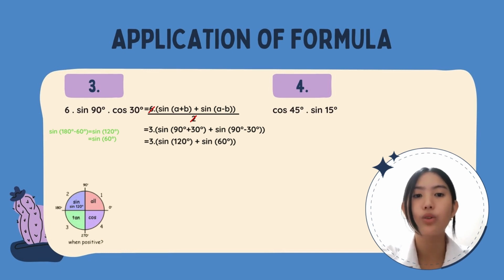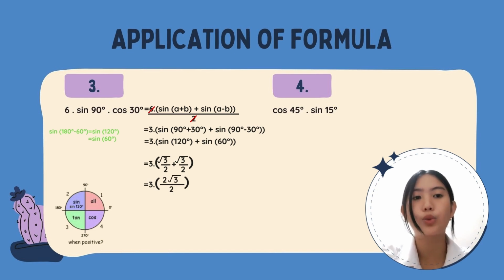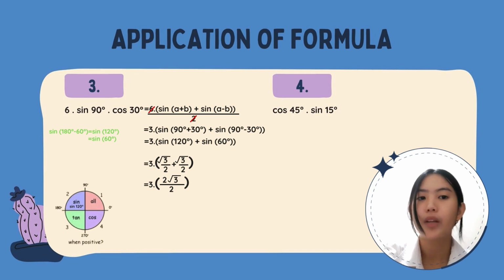Write down the value and also the 3. So what we're going to put is 3 times in the bracket root 3 over 2 plus root 3 over 2. And since we have two root 3 right here, we can change the form into 2 times root 3 because it's just the same. And why is the 2 merging together again?